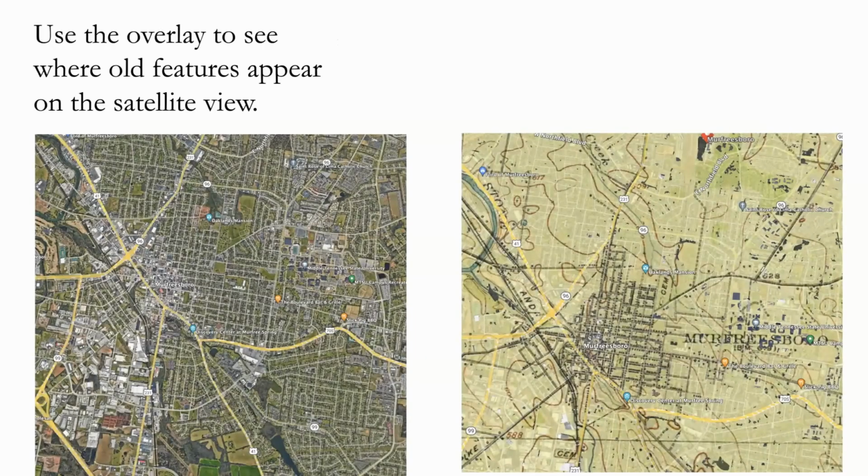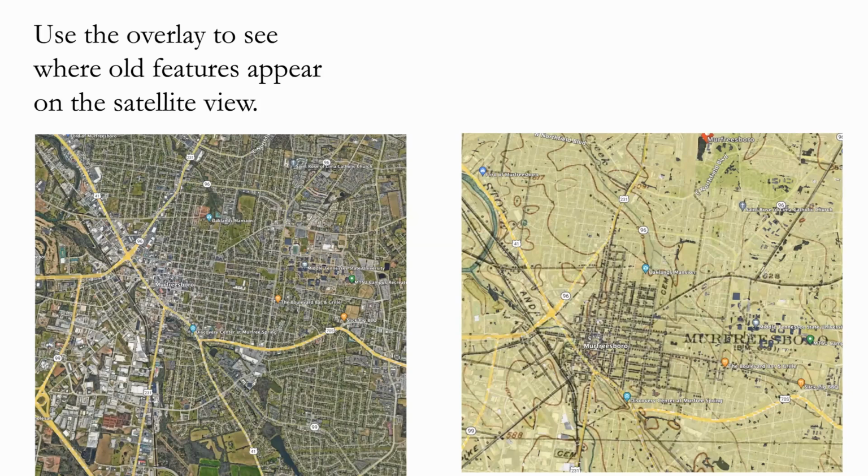So now we have to get an overlay of the old features as they appear on the satellite view, by opening the KMZ file in Google Earth, and it'll be there exactly where it is on the face of the Earth.